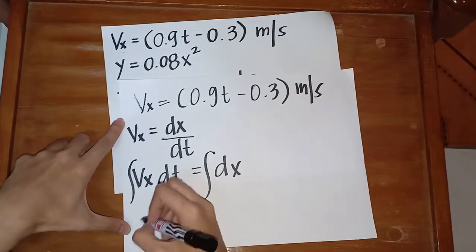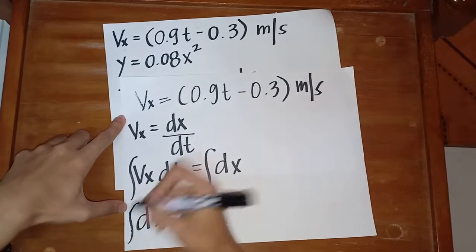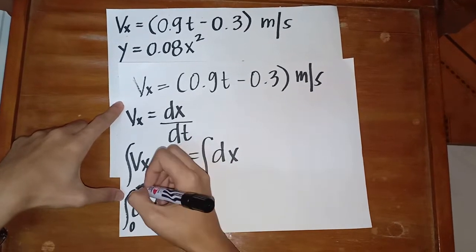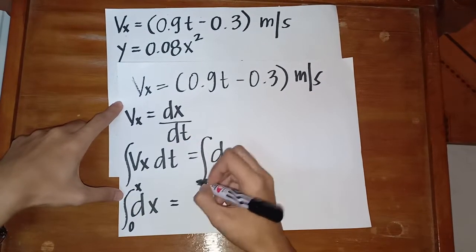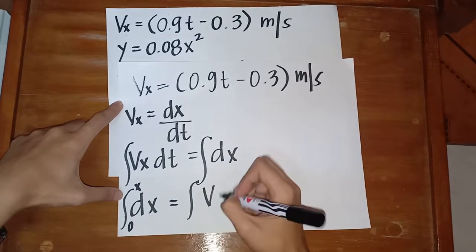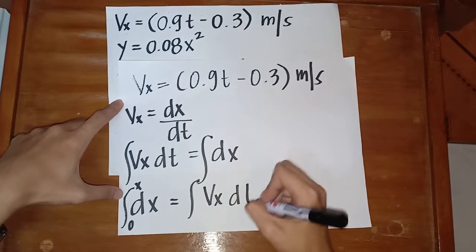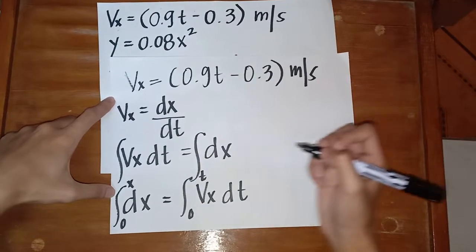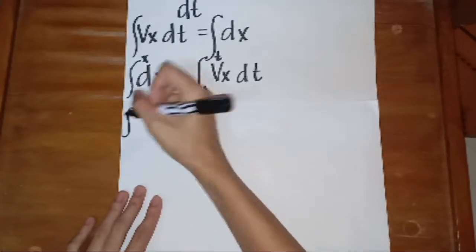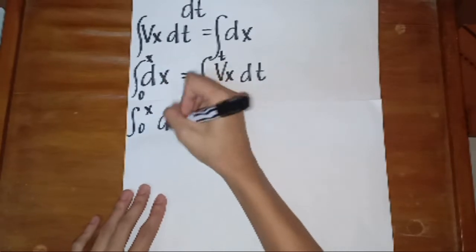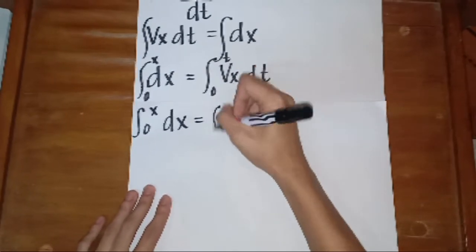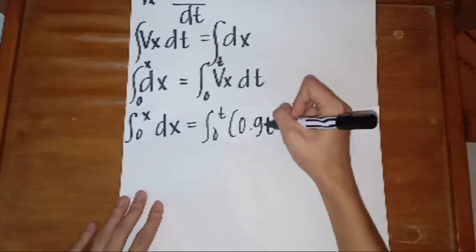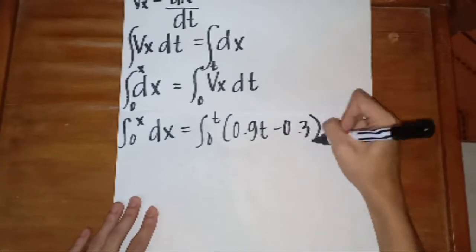Itong dx, ang kanyang limits is from 0 to x, at ang limit naman ng kabilang side, which is vx dt, ay 0 to t. So, sa equation na to, substitute natin yung x component ng velocity, which is yung 0.9t minus 0.3 dt.